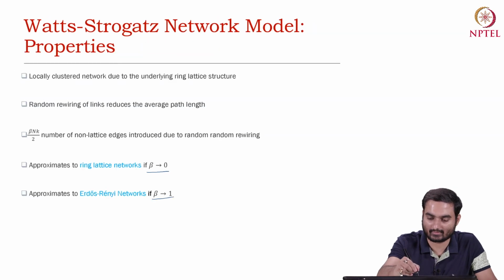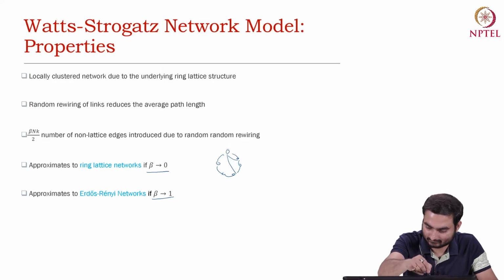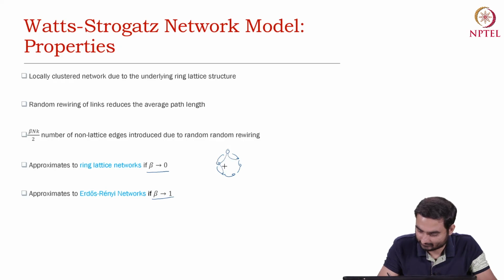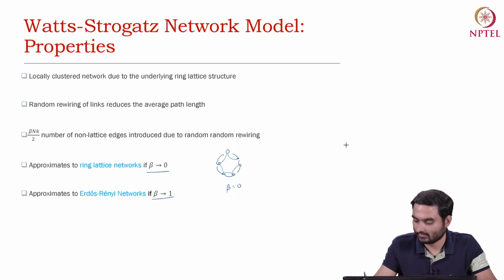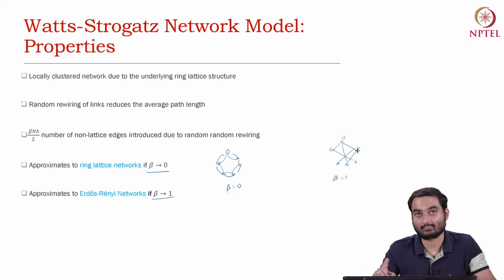In one spectrum you will see a regular lattice structure like this, when beta equals 0. When beta equals 1, you may have a random network like this, with the same number of edges.